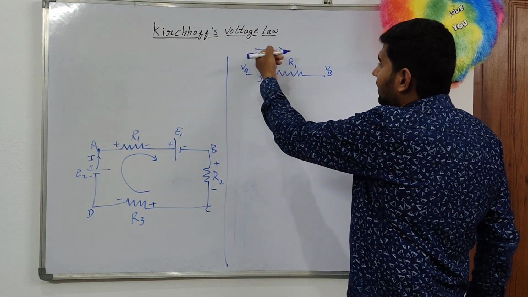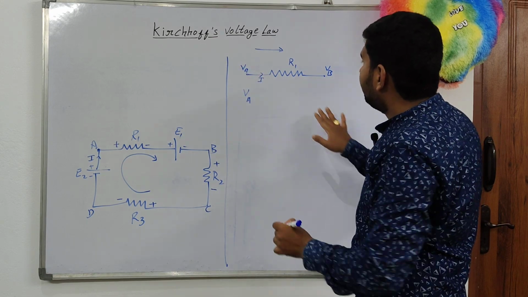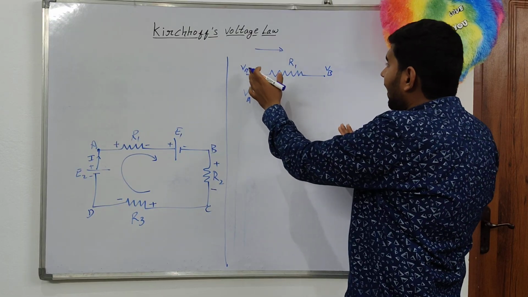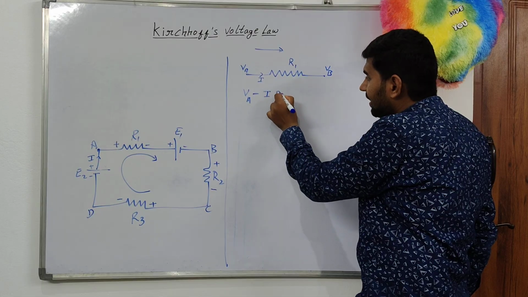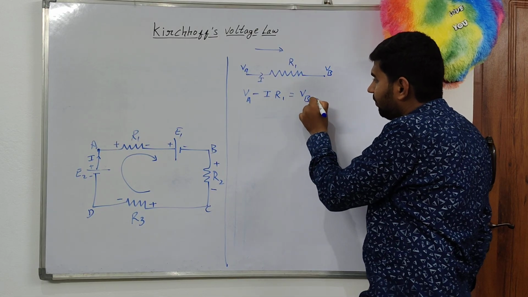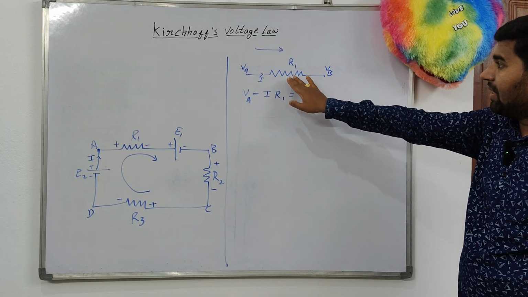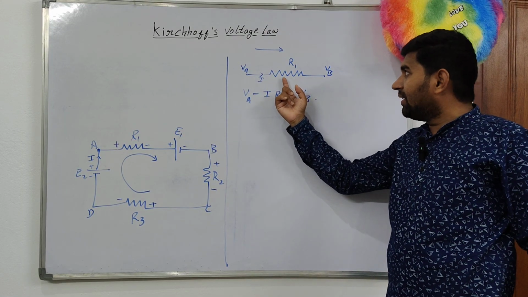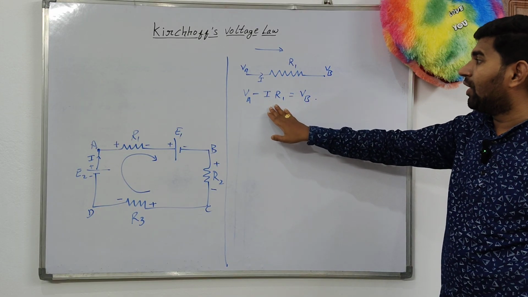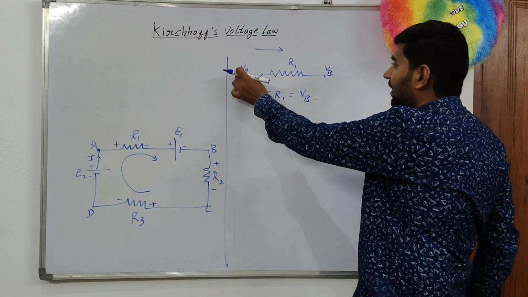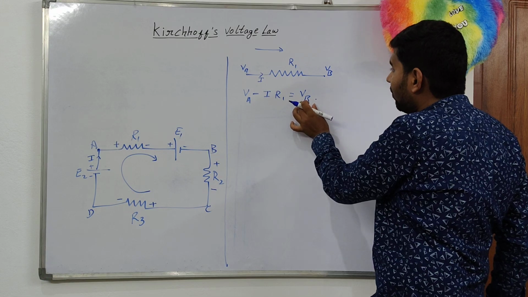We are moving in this direction, VA minus, it will be high to lower, both are in same direction, means minus IR1 is equal to VB. Remember, this is a resistor, the current direction and traversing direction both are same, it becomes negative. This is a higher potential VA, there is a potential drop, minus IR1 is equal to VB.